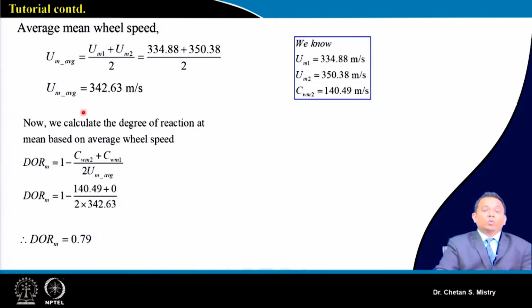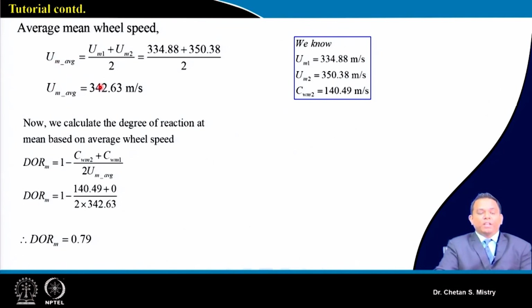Now in order to calculate the degree of reaction, the degree of reaction equation is written in terms of my peripheral speed. Rather than selecting U at entry or U at exit, to avoid that kind of confusion we will take the average value of peripheral speed.